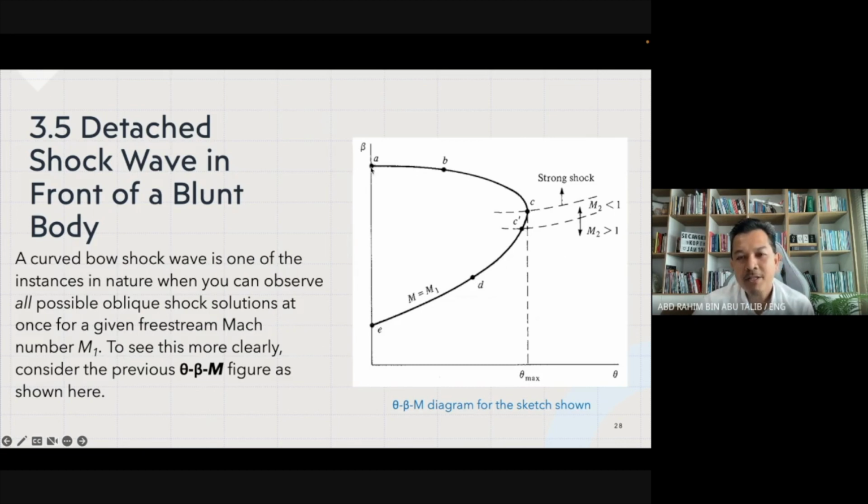A is basically at an angle of 90 degrees, so this is a normal shock.